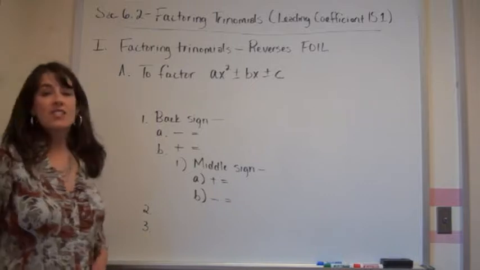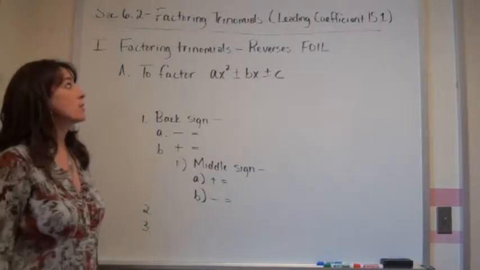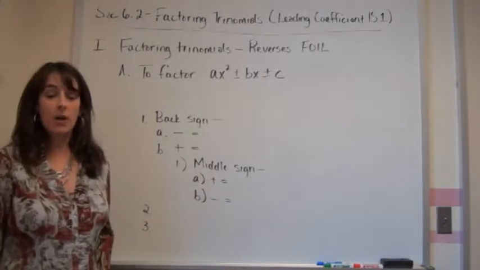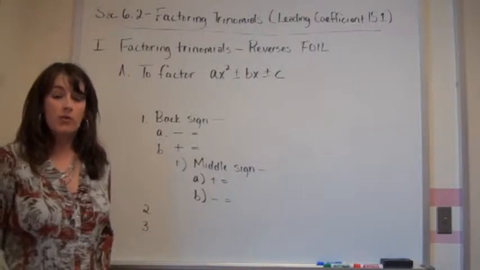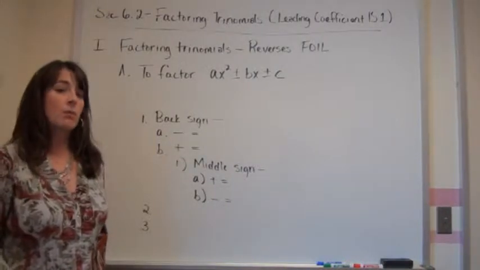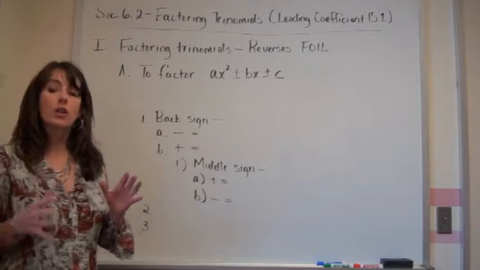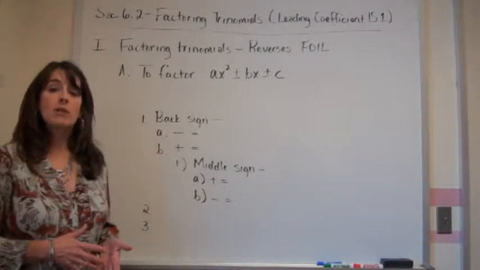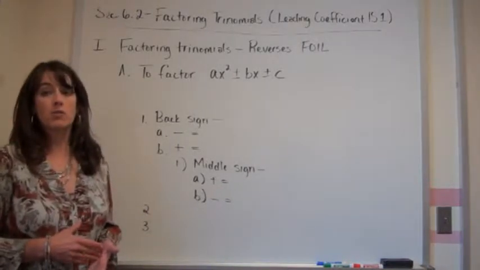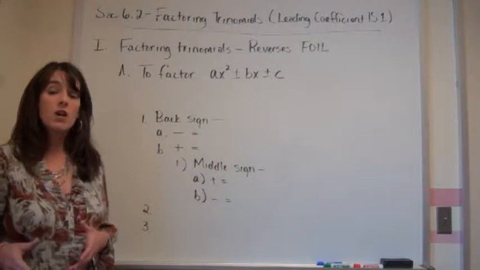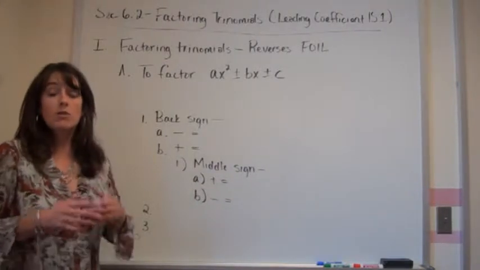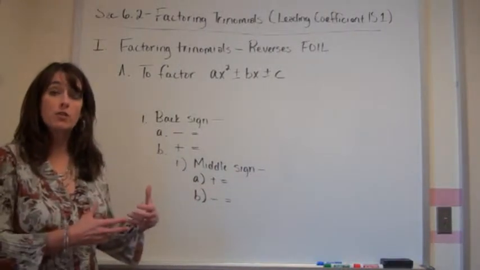Okay, so let's get into it. We're going to take a look at section 6.2 where we're factoring trinomials where the leading coefficient is not a 1. Now we looked before at factoring polynomials, and we said we're going to look at common monomial factoring. With common monomial factoring, you take a look at every single term, find out what's common to every term, and divide that common factor out.